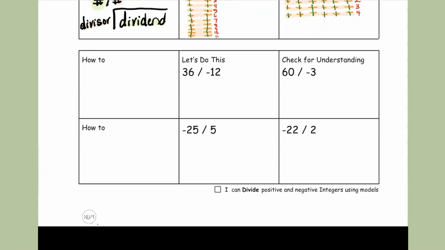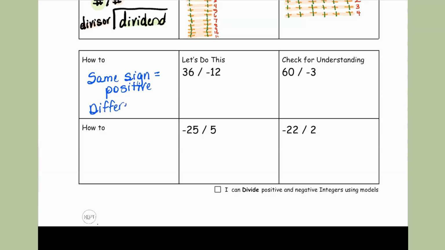So when we are working through division problems, please remember our first step is to model the dividend. We model the dividend using positive or negative markers depending on what our number is. And then we separate that dividend based on the divisor into groups. All right? Just a reminder for anyone who has forgotten.